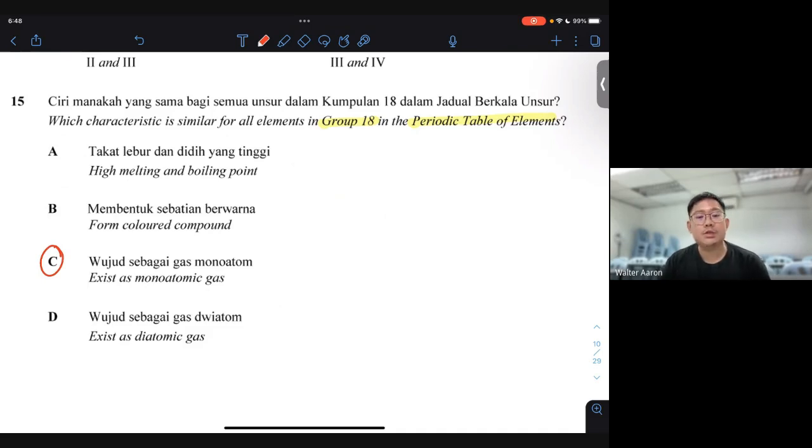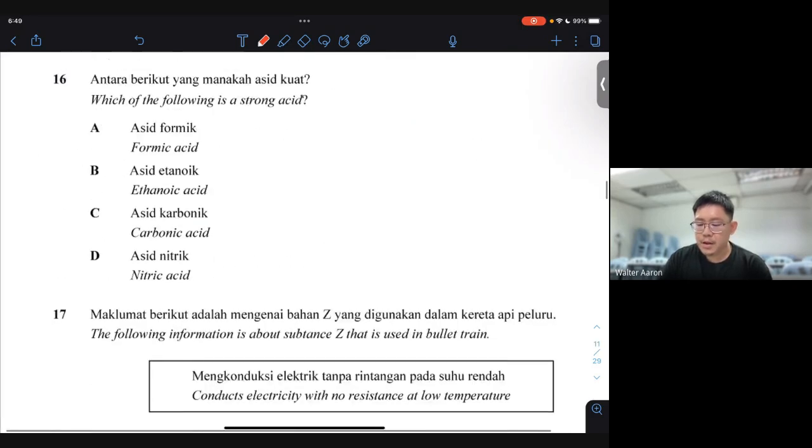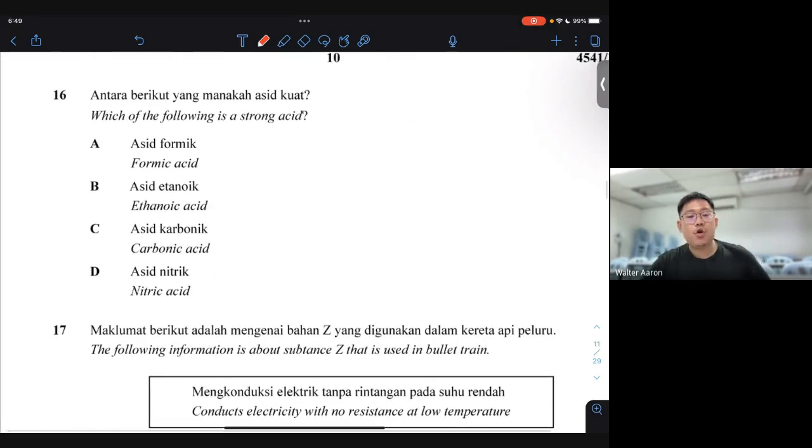That is something that you must know. Other gases like hydrogen, oxygen, nitrogen, all those, they technically exist as diatomic gases. But for the periodic table of elements, group 18, there's one specialty about them, that they can form monoatomic gases.